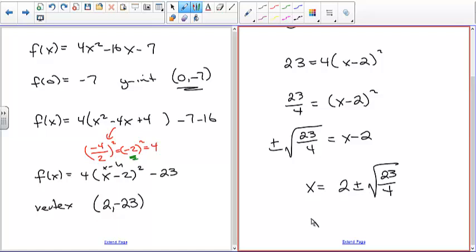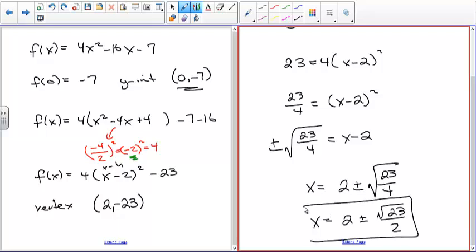The square root of 4 is going to be 2. So you get 2 plus or minus 2 times the square root. No, I got it. It's in the denominator. So it's not that one. It's going to be the square root of 23 over 2. So those are your x-intercepts. So we probably should show them as points.